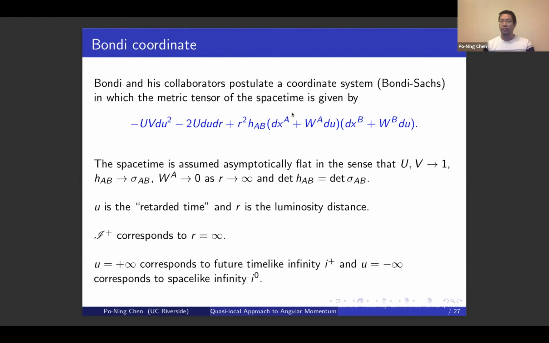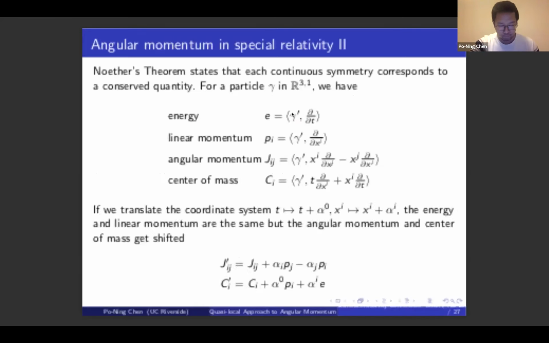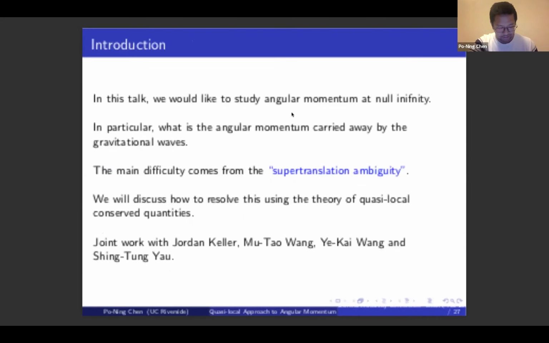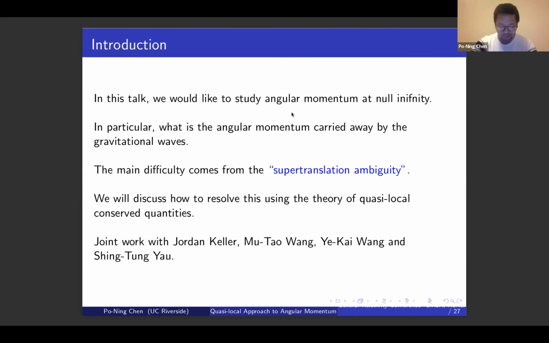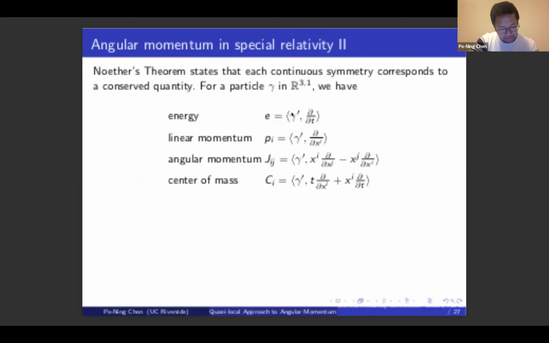In a later talk in this conference, Yekai Wang will talk about how this treatment is not limited to Bondi coordinates, and how we can achieve the same thing using double null foliations. I forgot to mention, this talk is based on joint work with Jordan Keller, Mu-Tao Wang, Yekai Wang, and Shing-Tung Yau.